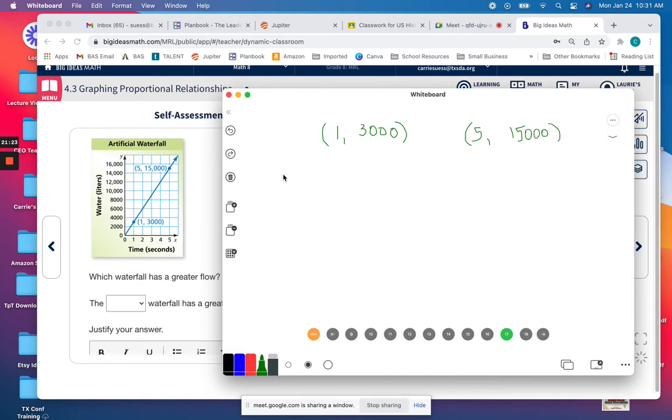So we can use our equation y2 minus y1 over x2 minus x1 to solve for the slope. Do you remember this? Yes, ma'am. Okay, so which one of these do you want to put first? I say we put the bigger number first, so make this y2 and this x2.